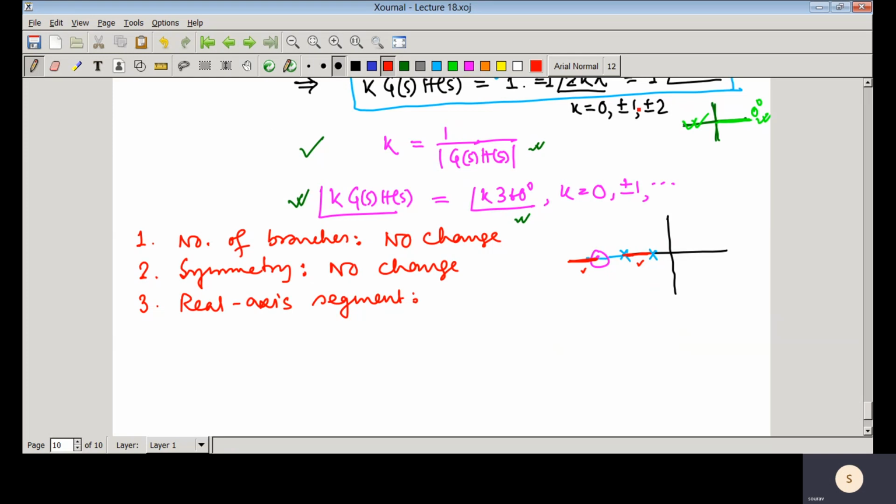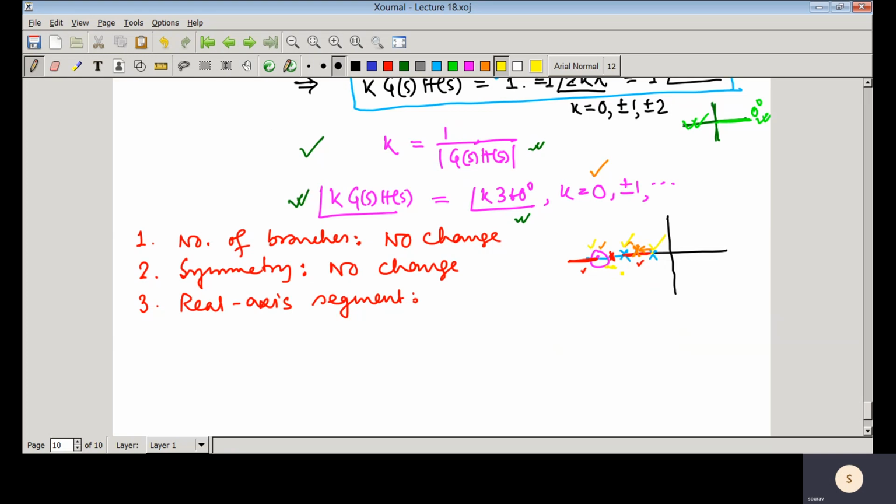The reason is we consider that angle 180 degree, but here you can see, if you consider this particular point, then this is minus 180, and the contribution of this one is 0 and this one is 0, so it does not satisfy this particular condition. But if you consider the point here, then you can see the contribution for this one is 180, for this one is 180, that means that would be 360 and from the zero, 0.